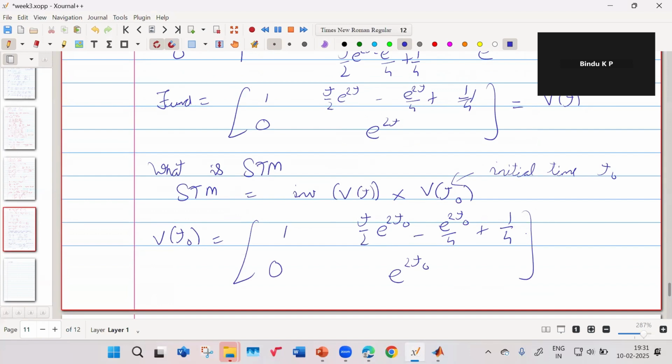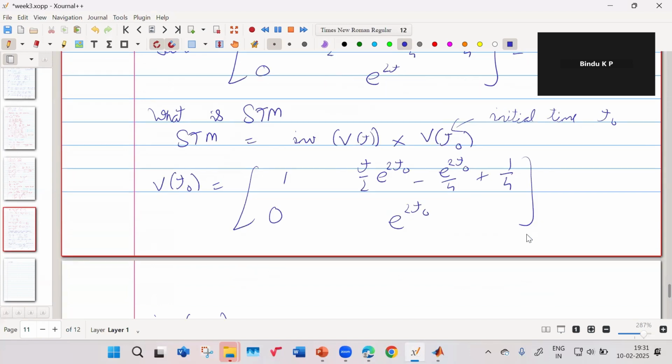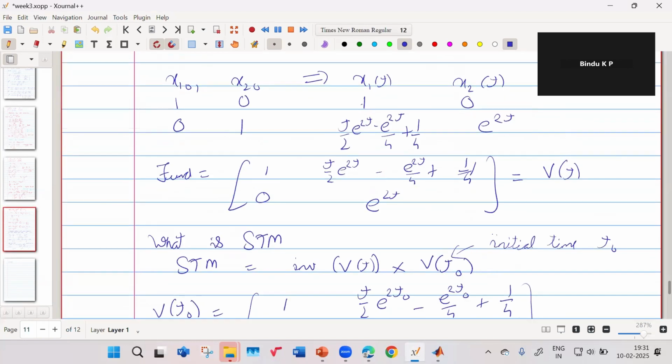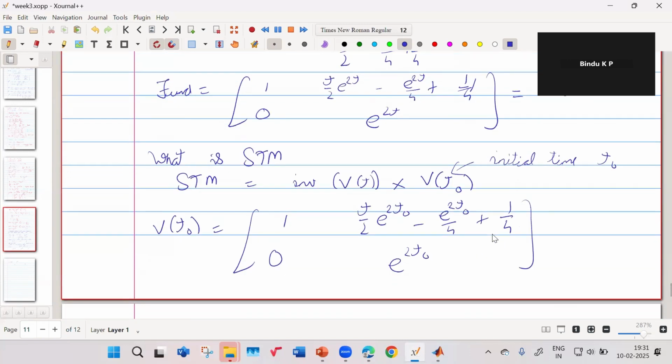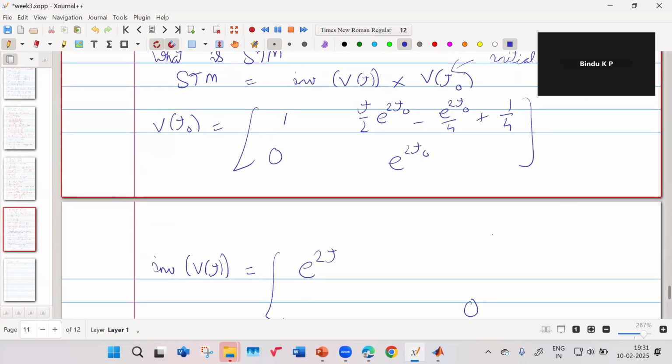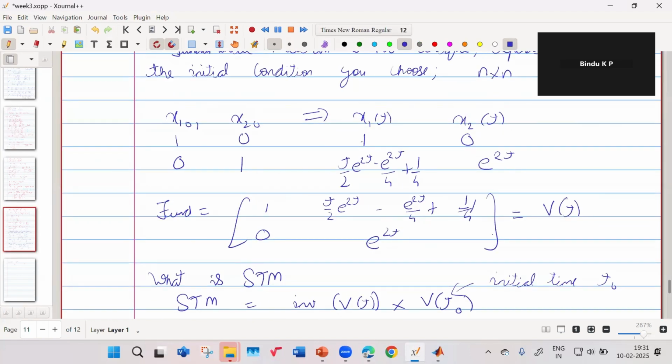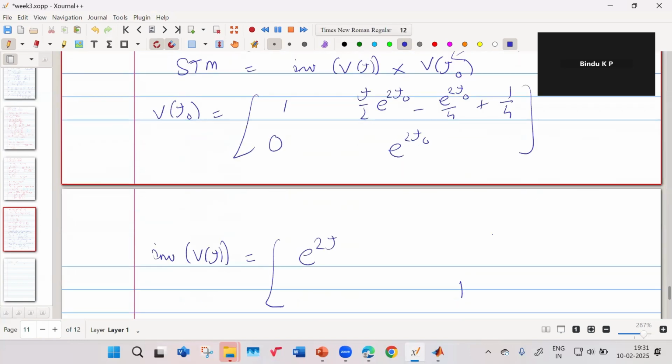I will interchange the diagonal elements, so that will be e to power 2t and 1. For the off diagonal elements, I will change their sign. So it will be minus t by 2 e to power 2t plus e to power 2t upon 4 minus 1 by 4, and this is 0.